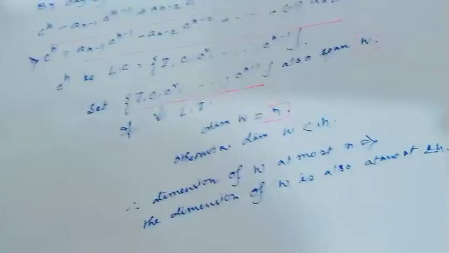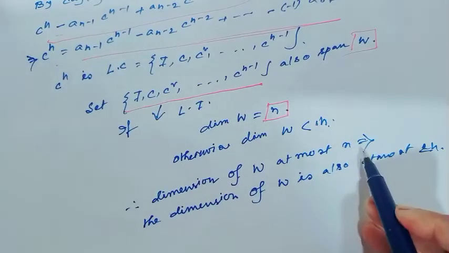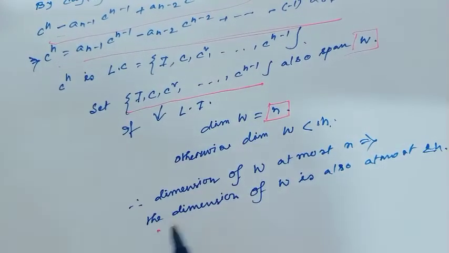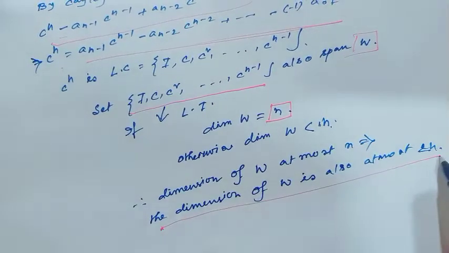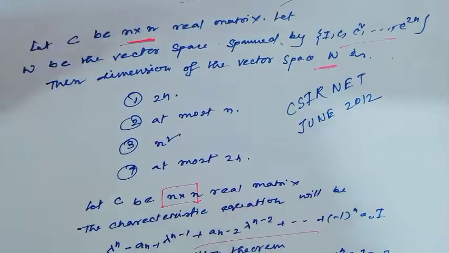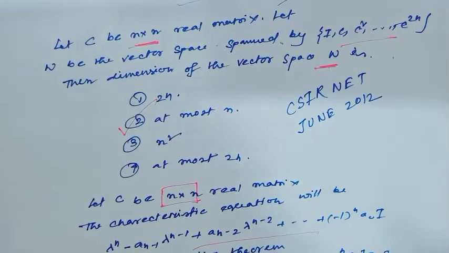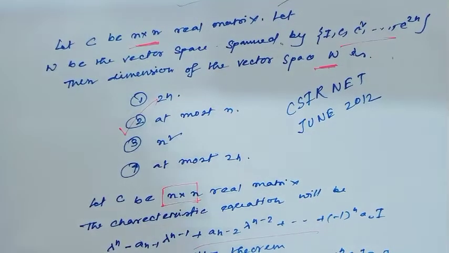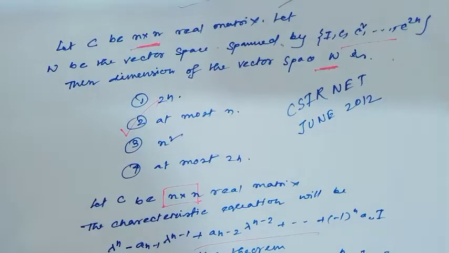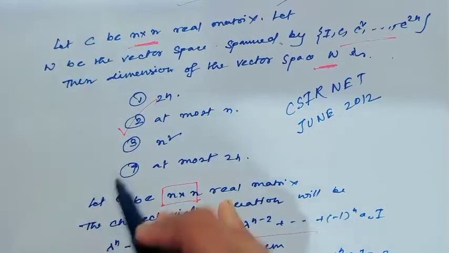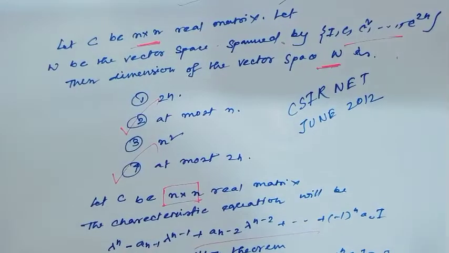Therefore we can tell the dimension of W is at most n, and that implies the dimension of W is also at most 2n. So option 2 is the right option, and since it indicates at most n, obviously this dimension is also at most 2n. So option 2 and option 4 are the right options.